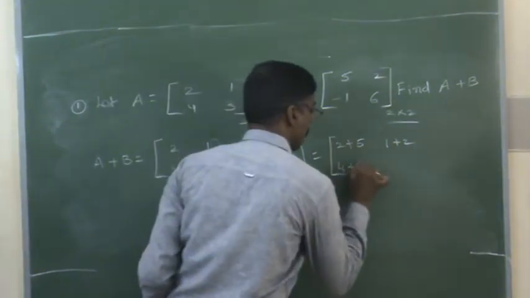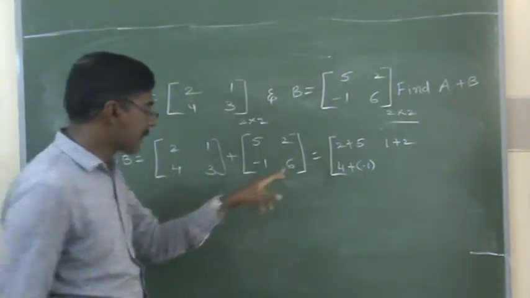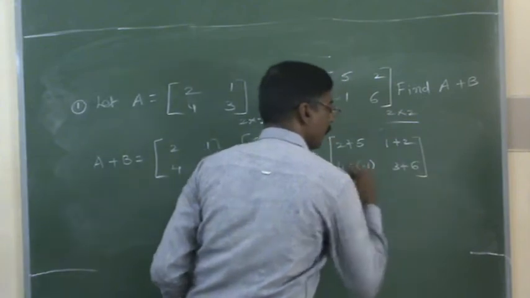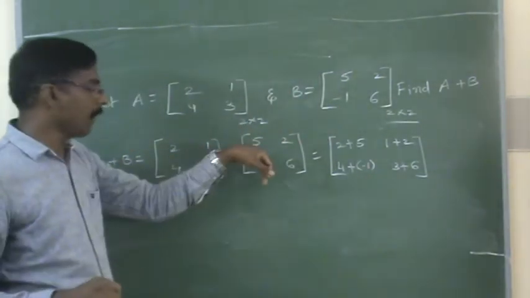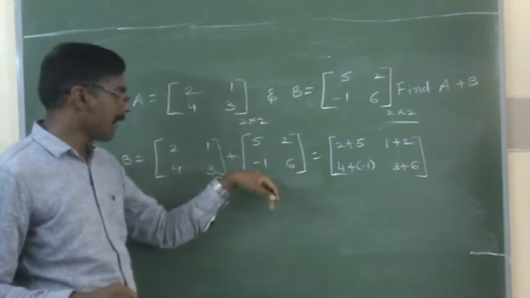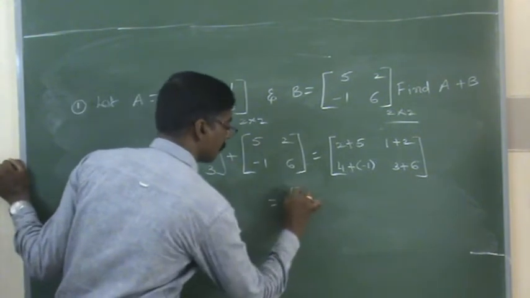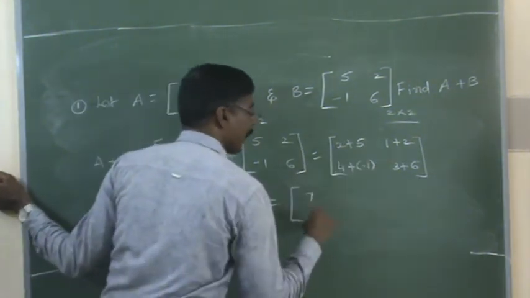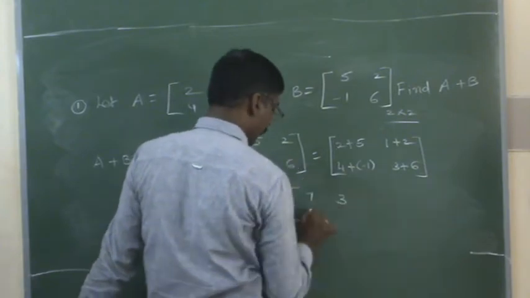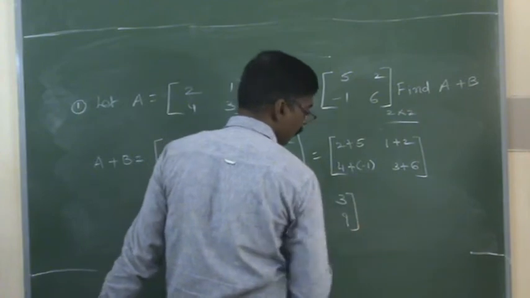Next, 3 plus 6. See, 2 corresponds to 5, so 2 plus 5, 1 plus 2, 4 plus -1, 3 plus 6. The resultant values: 2 plus 5 is 7, 1 plus 2 is 3, 4 plus -1 is 3, 3 plus 6 is 9. This is the addition of the two matrices.